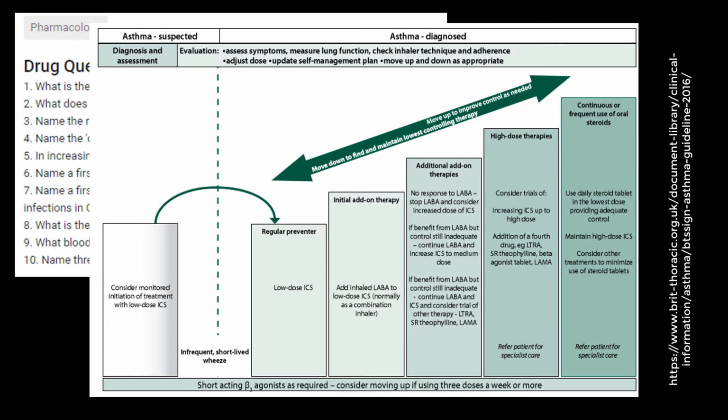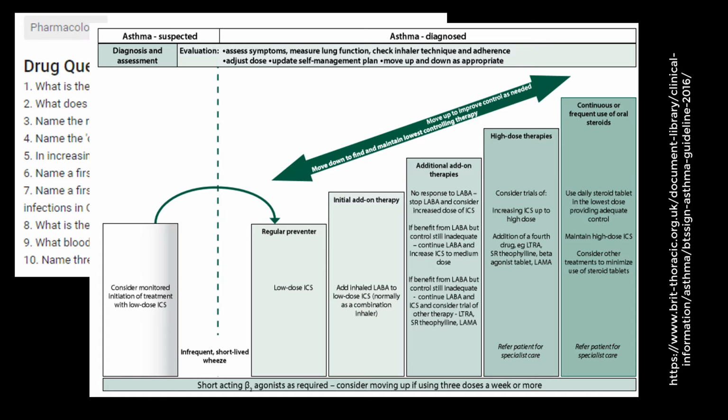If there is benefit from the long-acting beta agonist salmeterol, but the control is still inadequate, you continue the long-acting beta agonist and increase the inhaled corticosteroid dose to a medium dose. If there is benefit but control is still inadequate for the patient, you continue the long-acting beta agonist and the inhaled corticosteroid and consider a trial of other therapy.